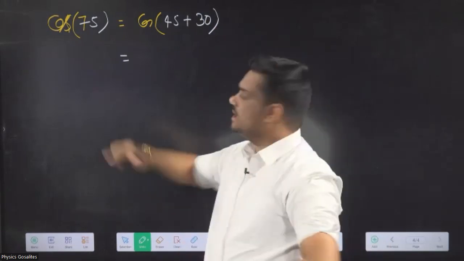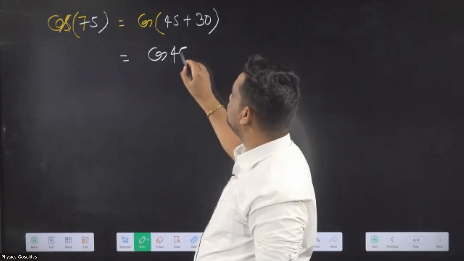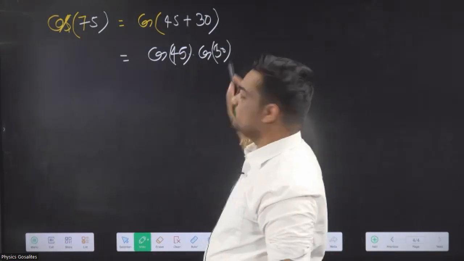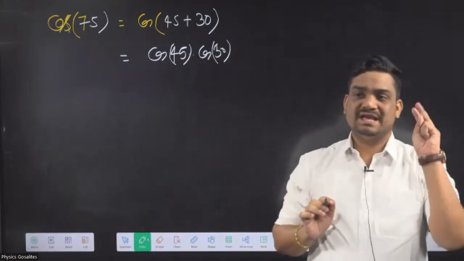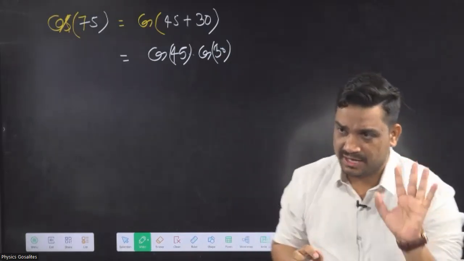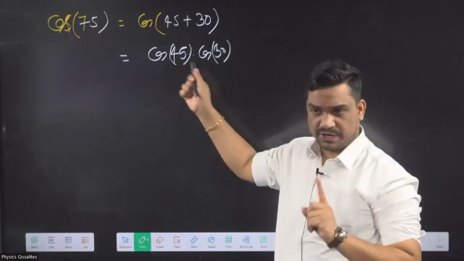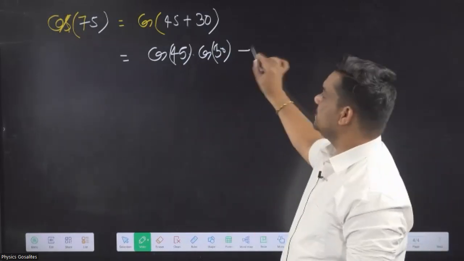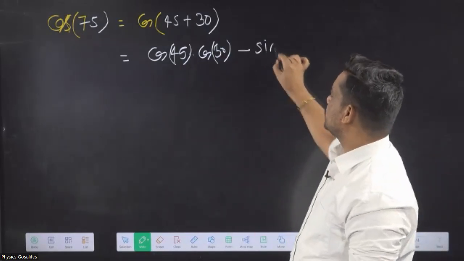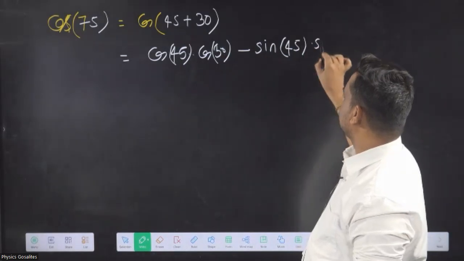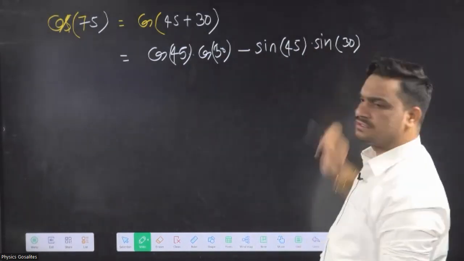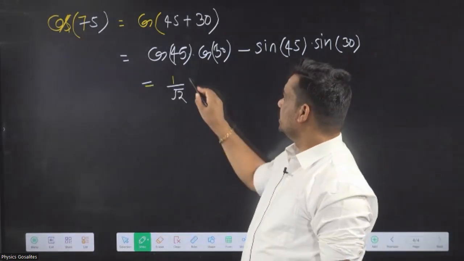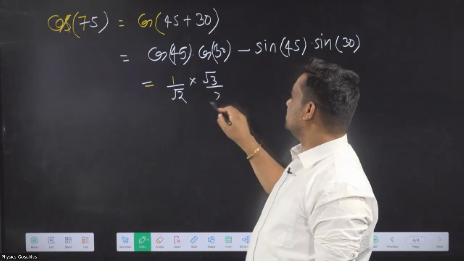So now we can say cos 45 into cos 30. Listen, those who have doubt here, because next question again you have to solve. Ready? Cos 45 cos 30, cos A cos B, minus sin 45 into sin 30. Then you can write cos 45 is 1 by root 2, cos 30 is root 3 by 2.